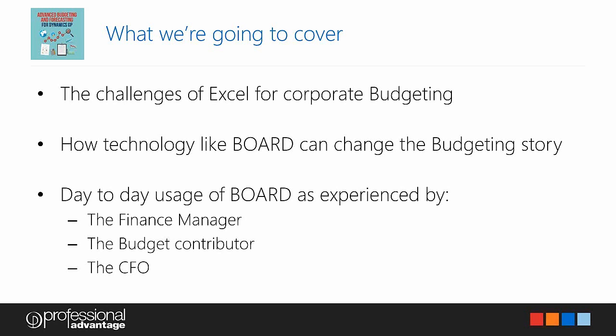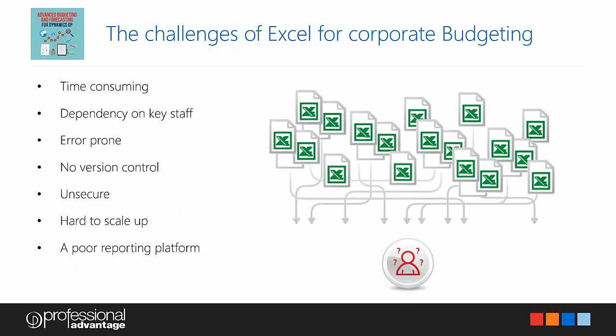Okay, so first off, I don't think that I'm going to get much disagreement when I start to talk about the limitations of using Excel around budgeting. When we generally get called into clients and they're looking at putting in a piece of software like Board to replace their existing budgeting and forecasting system, it's always Excel, it seems to be.